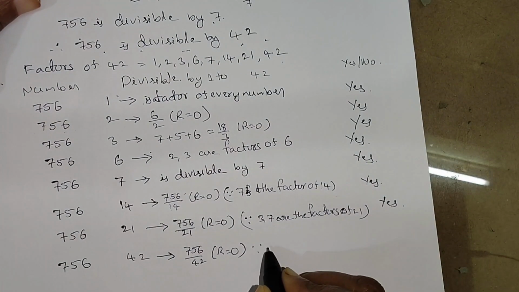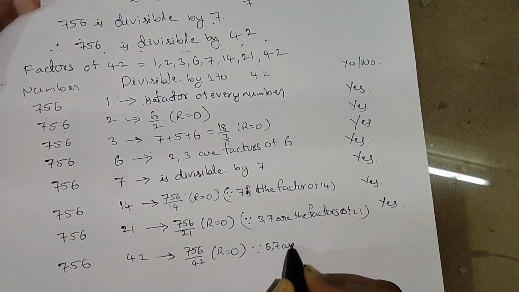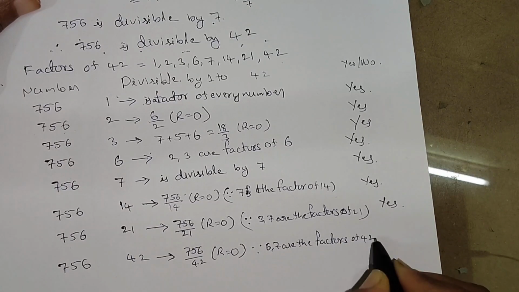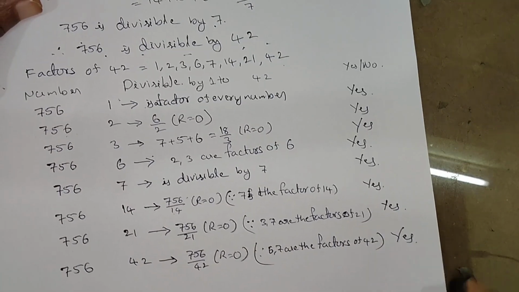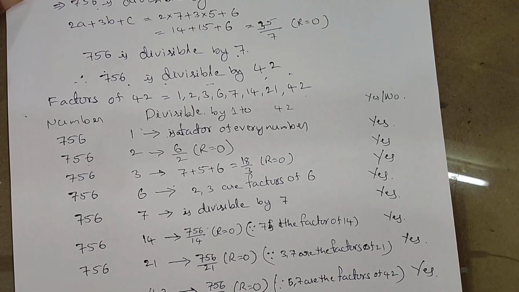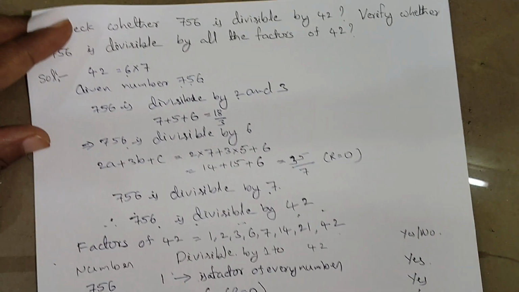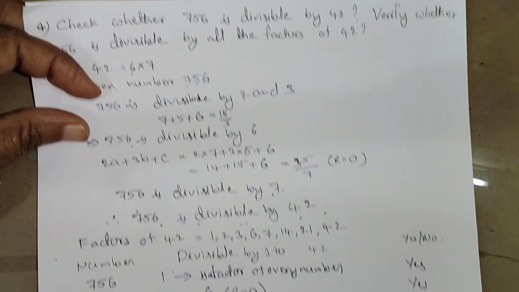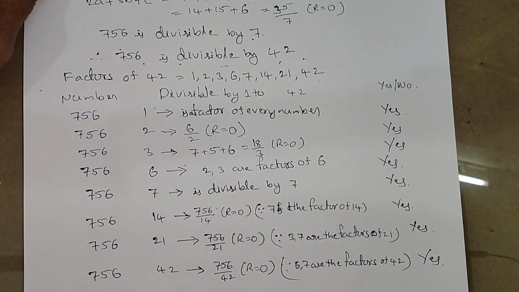So we write 6 and 7 are the factors of 42. So yes, 756 is divisible by 42. This is the complete solution of the 4th question.